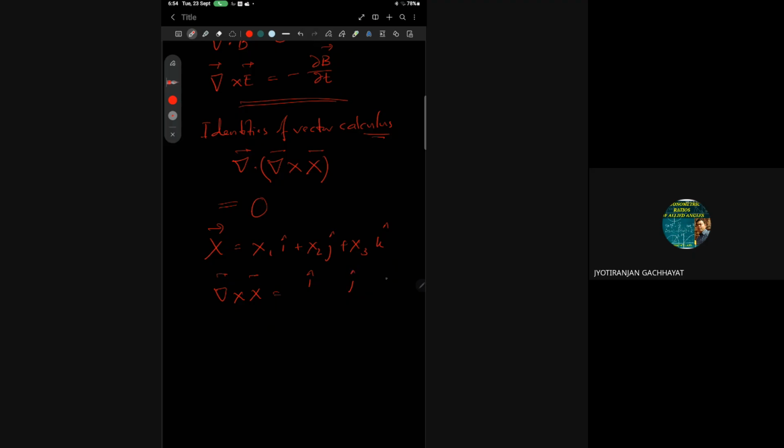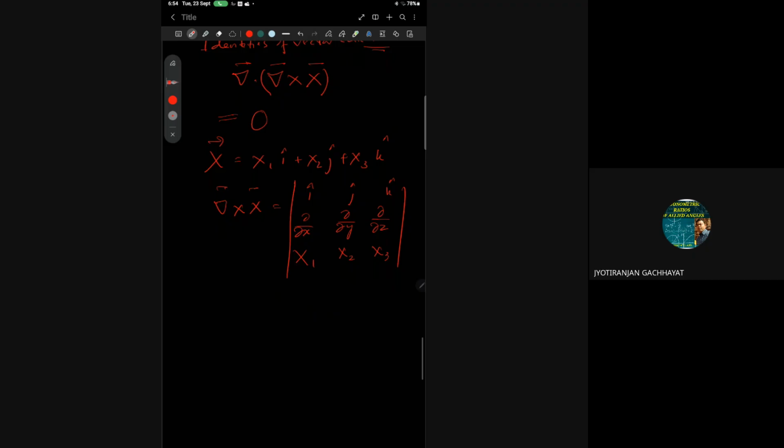It is the determinant with rows i cap, j cap, k cap; del by del x, del by del y, del by del z; then x1, x2, x3. Now, what is the i cap component? I cap times del x3 by del y minus del x2 by del z, right?